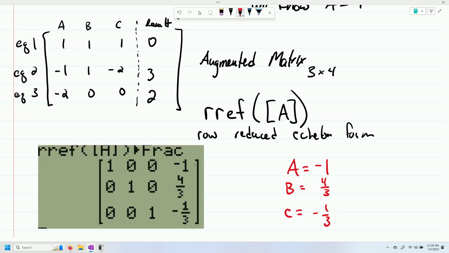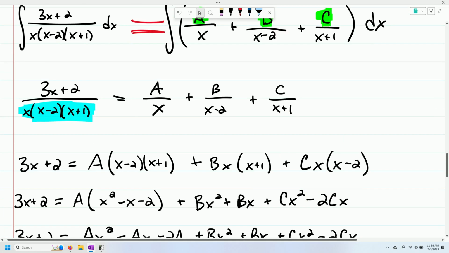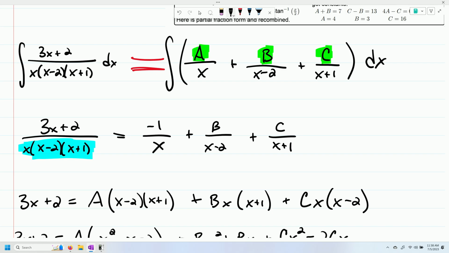So, oops, let's do this a little nicer. There we go. This is A, B, and C, which means all the way back up here, A was -1, B was 4/3, and C is -1/3.